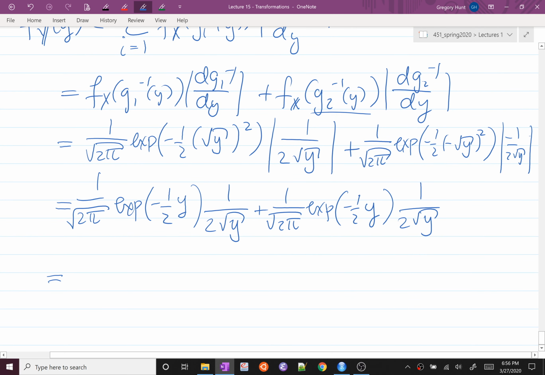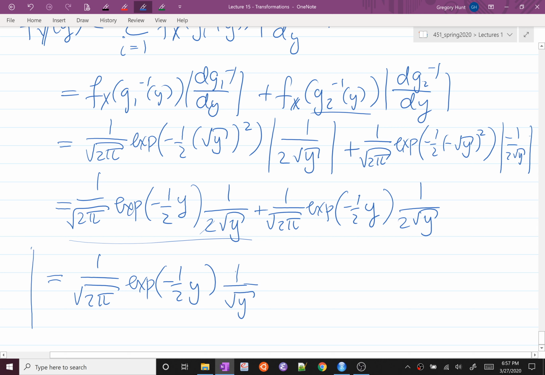And these are identical, so we can say it's 2 times one of them, and we can cancel one of these 2's. So we could just say it's 1 over root 2 pi, exp, negative 1/2 y, times 1 over root y. And so that is what we get.